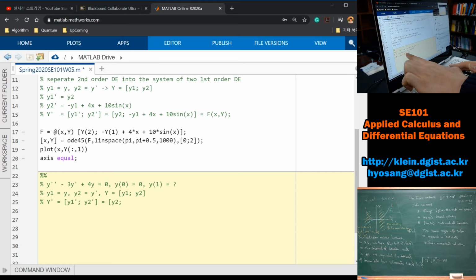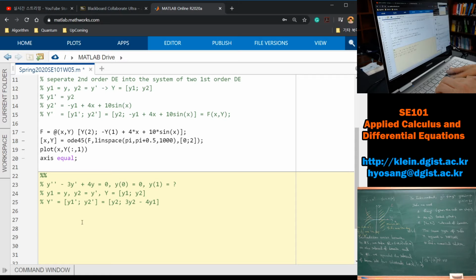So y double prime is given by 3y prime minus 4y, if you move these parts to the right-hand side. What is y prime? It's y2. And what is y? It's y1. I want to express everything in terms of y1 and y2, not in y or y prime, because that's not comprehensible in MATLAB. So this is my f of x, y.